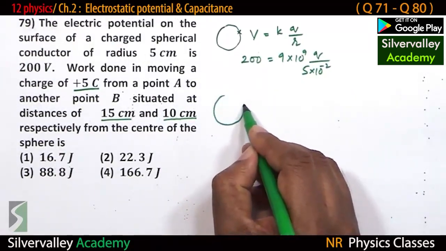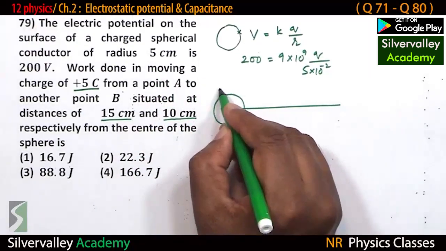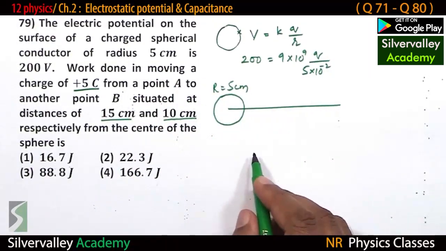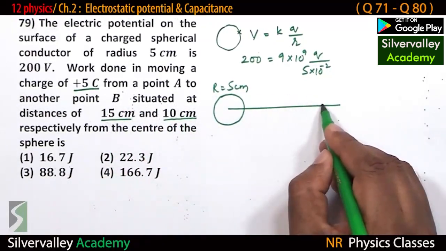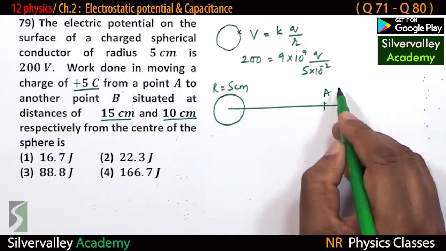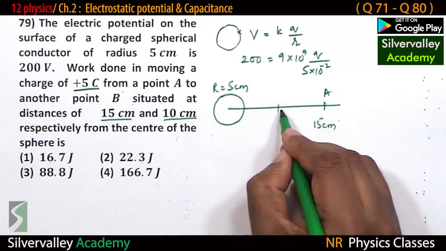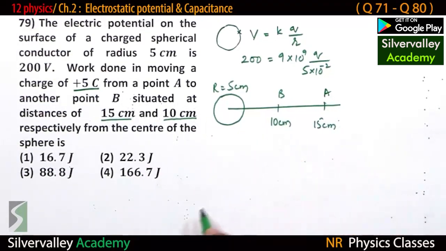Now this is the sphere, radius is 5 centimeter. A is at a distance 15 centimeter. So this is A at a distance 15 from the center. This is B at a distance 10 centimeter from the center.